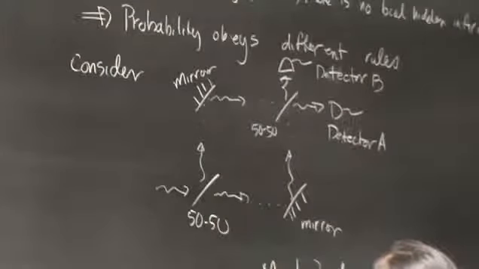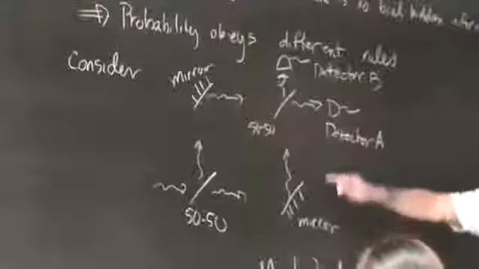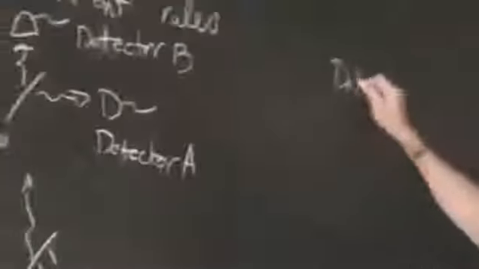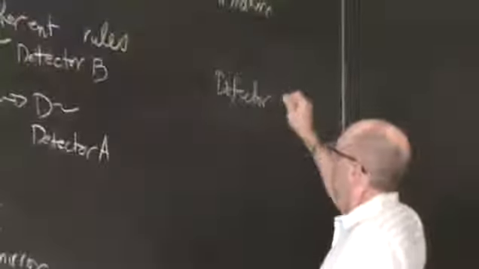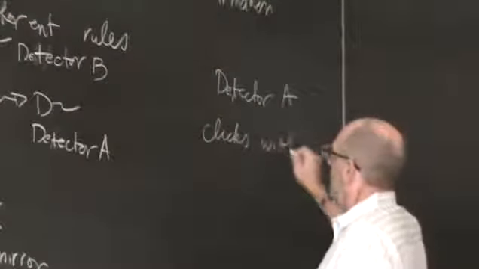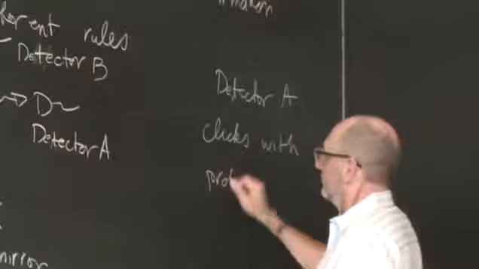Well, it turns out in this situation, what we find if we balance these two arms of the interferometer is that detector A clicks with probability 1.